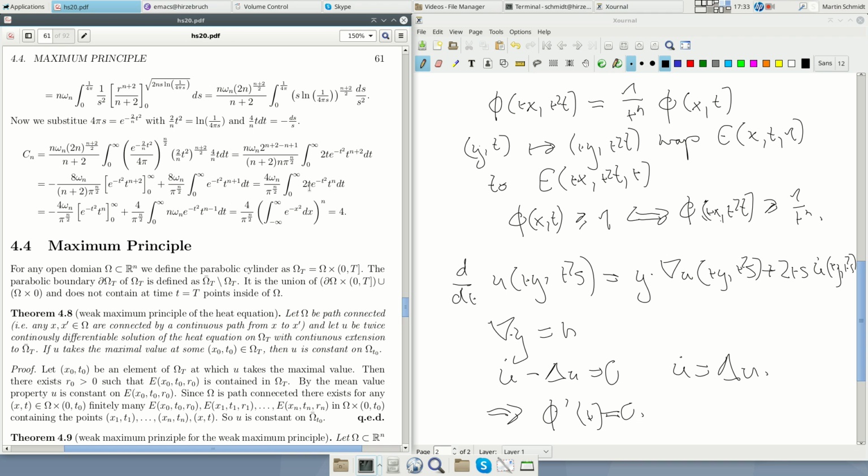Now we again put in the factor 2t. 2 times 4 is 8, so this is this factor, and here t to the power n. Now we do another partial integration, because this is again the derivative of minus e to the power of minus t squared.